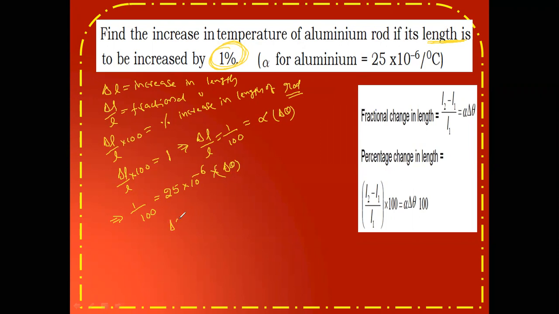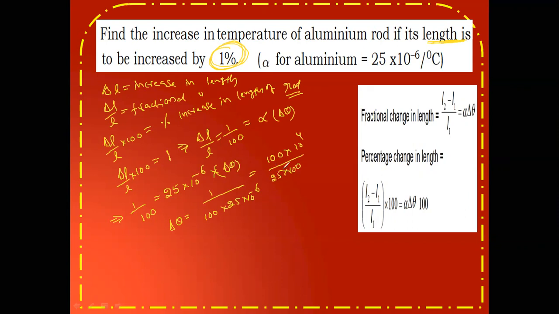So delta theta is equal to 1 by 100 multiplied with 25 multiplied with 10 power minus 6. For convenience I can take it as 100 into 10 power 4 by 25 into 100.